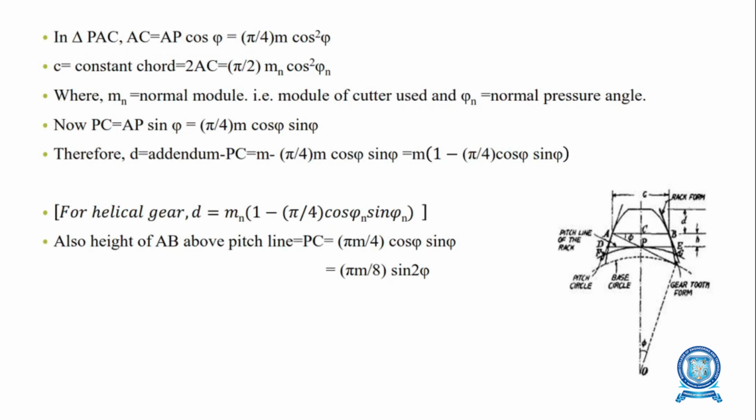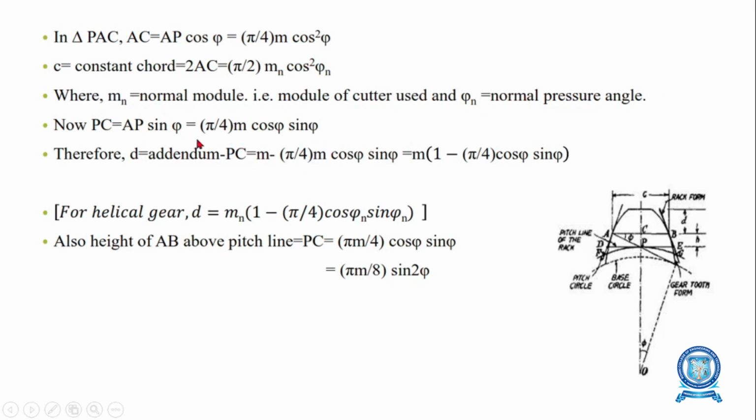In triangle PAC, AC is equal to AP cos psi, which is pi by 4 into m cos squared psi. AC is half the constant chord, so the constant chord is equal to 2AC, which is equal to pi by 2 into mn cos squared psi n, where mn is the normal module, the module of the cutter used, and psi n is the normal pressure angle.